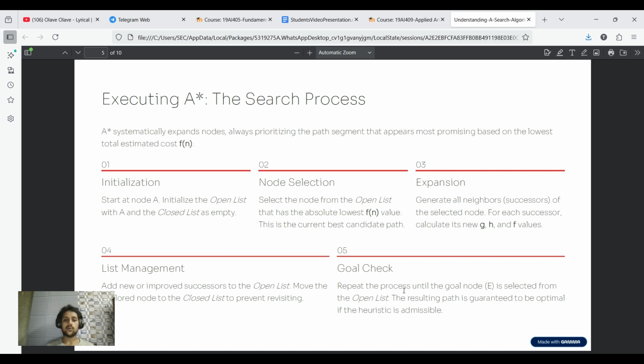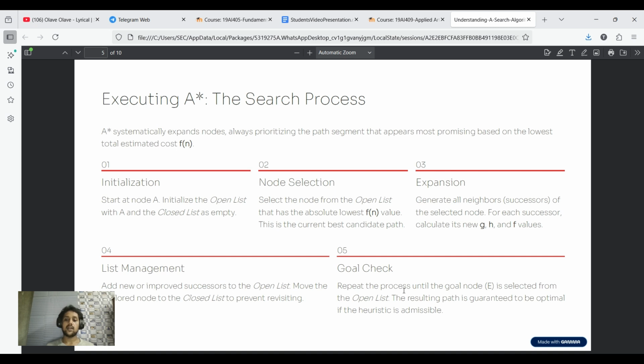Start at node A. Node A means the starting node. Initialize the open list with A and the closed list as empty. Second, node selection. Select the node from the open list that has the absolute lowest f of n value. This is the current best candidate path.